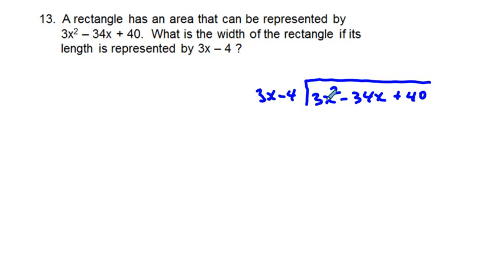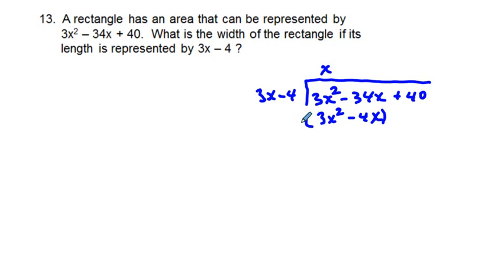The first thing we do is take 3x squared divided by 3x, which is x. Then x times 3x is 3x squared, and x times negative 4 gives negative 4x. Now we subtract.